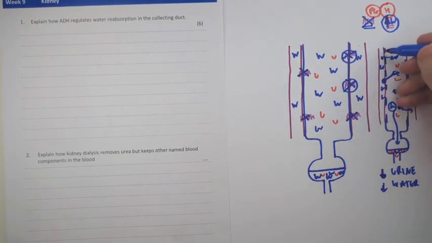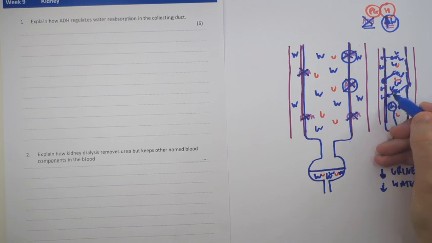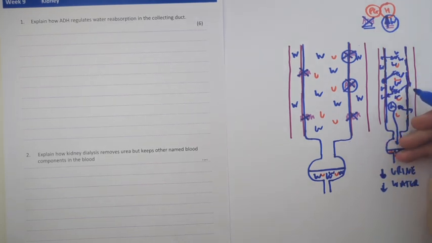Therefore, remember before with ADH, it was permeable. Now it becomes less permeable. Can you see here how the membrane will now become less permeable? Therefore, if you've got lots of water molecules in here, they are not going to be able to osmose into the blood.